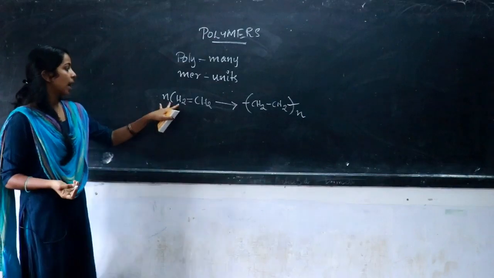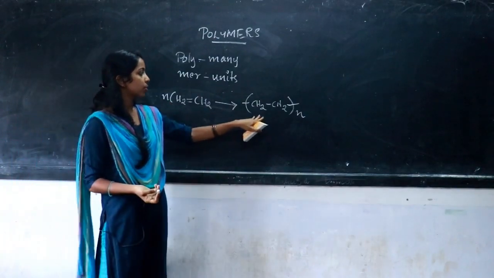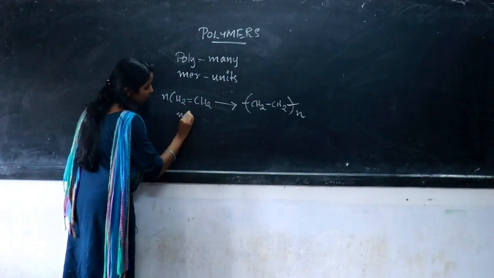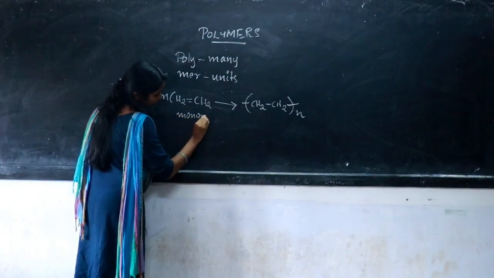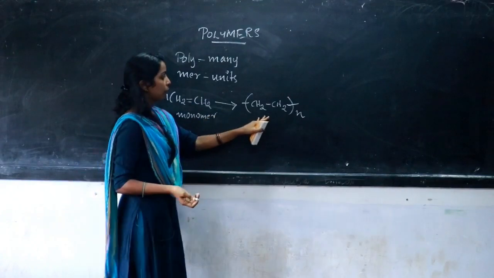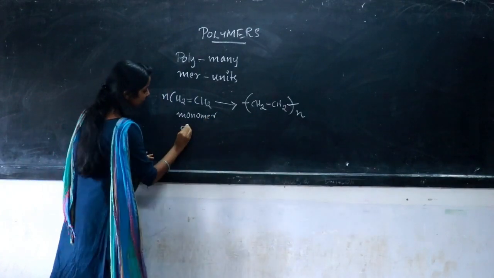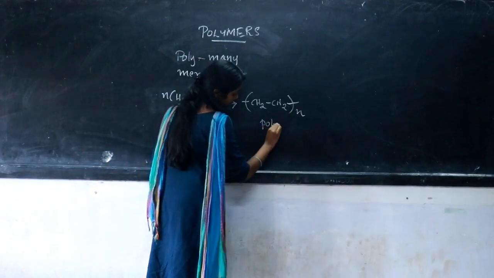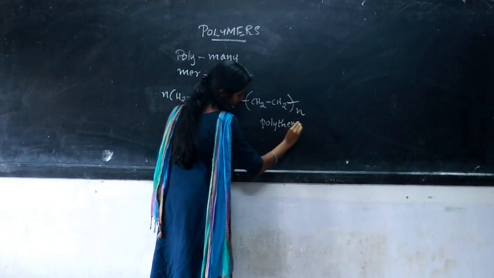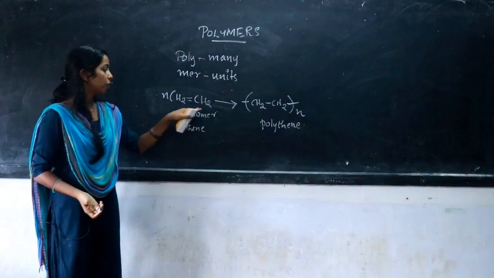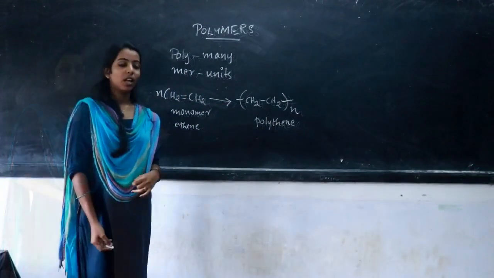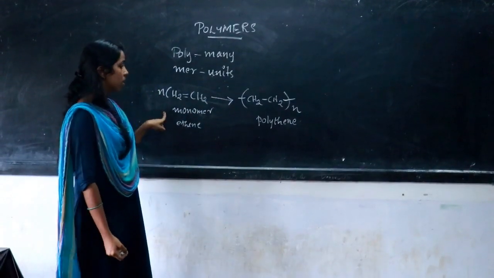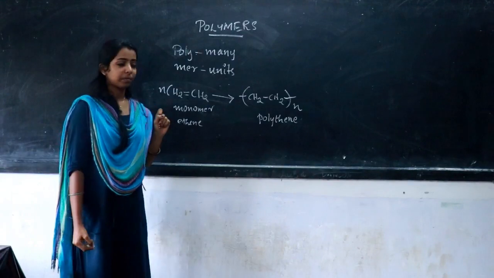That is, n ethene polymerizes to give a polymer with n times. Ethene is the monomer of polythene. So you get a polymer from ethene. The process of formation of a polymer from a monomer is called polymerization.